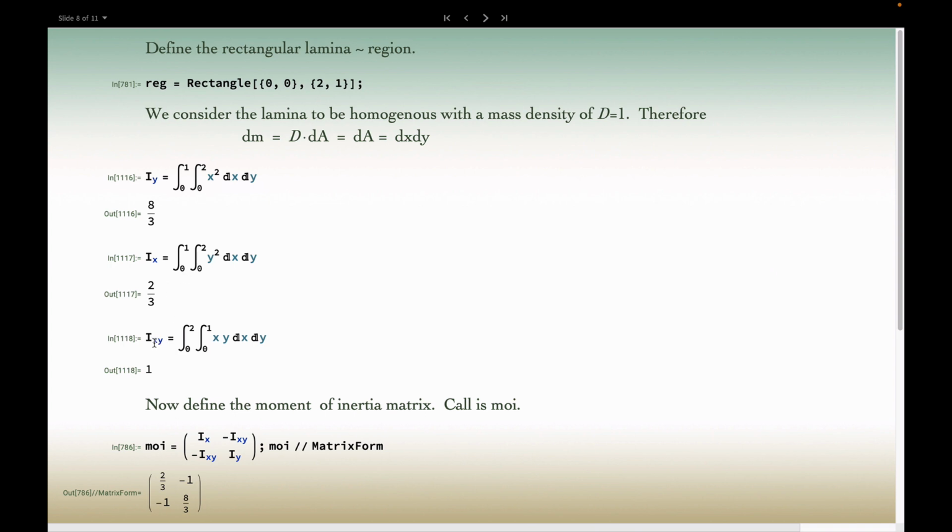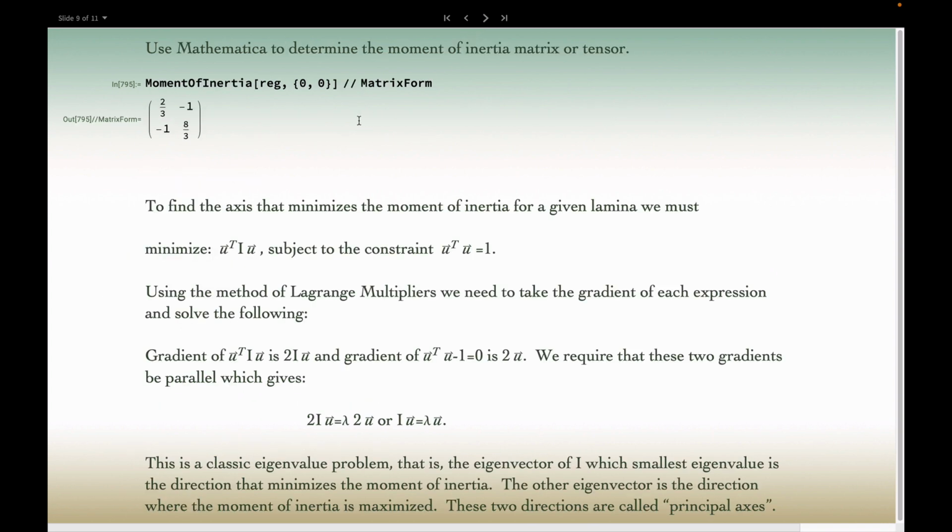The product of inertia, you insert xy here and compute, and you get 1. So with those three values, we can construct the moment of inertia matrix or tensor. And here it is, for that particular lamina.